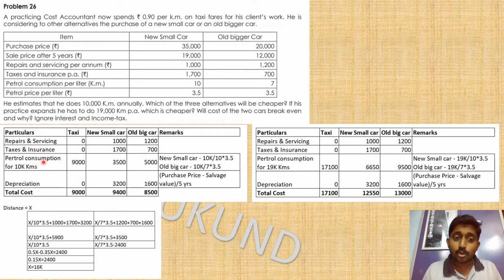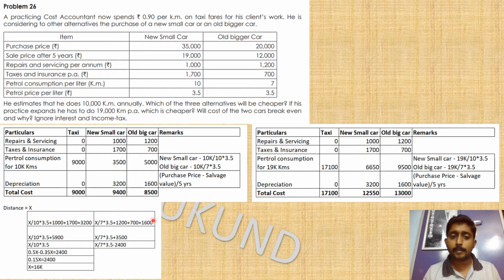Then what is the petrol consumption? X is the distance I have assumed. Distance X divided by 10, because it is given that 10 kilometers can be traveled in 1 liter. So X kilometers divided by 10 gives the total liters of petrol required, multiplied by 3.5 will be the total petrol consumption charge. This will be the total expenses for the new small car.